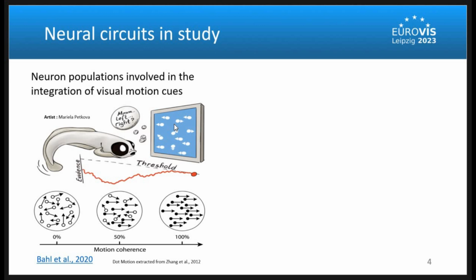In this behavior experiment, the animal was presented with coherent dot motion of approximately 1,000 dots projected from below in a circular arena. These dots are presented at four different coherence levels: 0%, 25%, 50%, and 100%, either moving leftward or rightward relative to the body orientation of the fish.